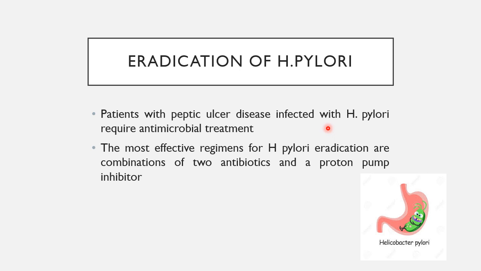And H. pylori infection can be diagnosed by endoscopic biopsy or through some non-invasive tests like serology, stool test and urea breath test. So we give combination of 2 antibiotics and a proton pump inhibitor to eradicate H. pylori. Single antibiotic is not used because resistance will develop.